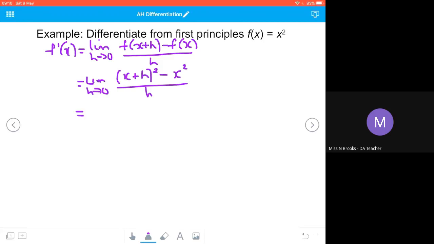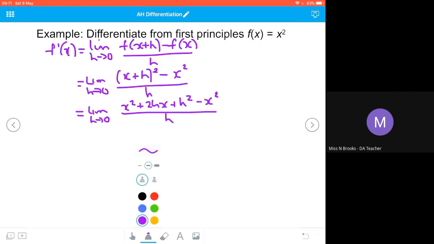Now the principle of this is that we want to be able to eliminate that h on the denominator. So I've got my limit, and I'm going to expand my bracket now. So I'm going to get x squared plus 2hx plus h squared take away x squared all over h. Now I'm going to get another colour, because x squared take away x squared is going to become 0.